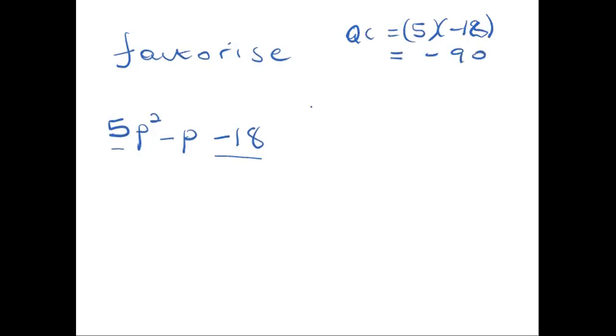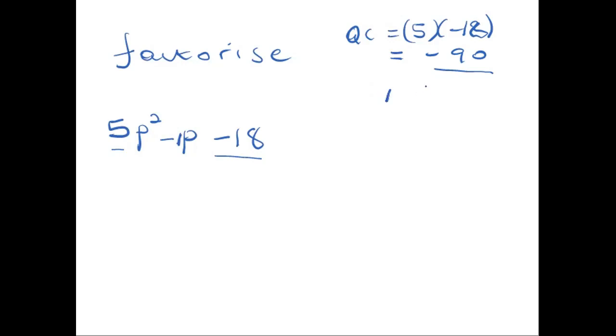The second step was to find factors of this number that when added can give me the coefficient of the middle term. Here we have p, so the coefficient of p is negative 1. There is a 1 here. So we're going to list all factors of negative 90, but in pairs.